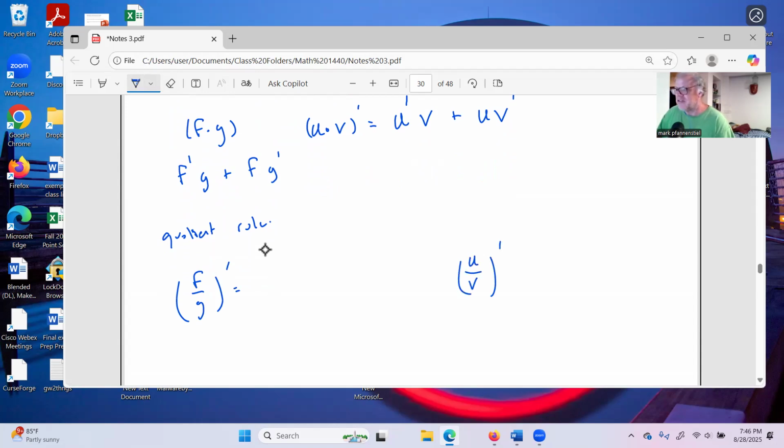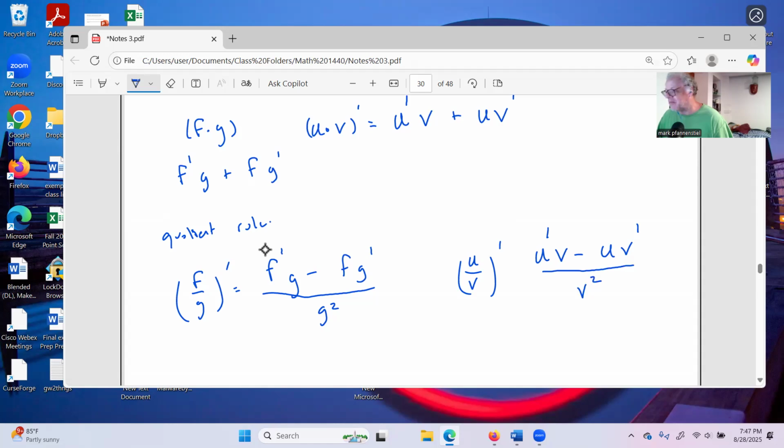So again, it's going to be derivative of the first times the second minus the first times the derivative of the second, all divided by the second one squared. For using these, derivative of the first times the second minus the first times the derivative of the second, all divided by the second one, the one on the bottom squared.